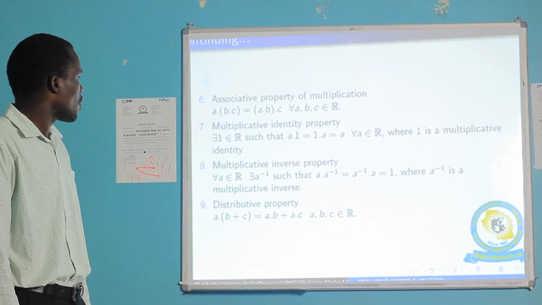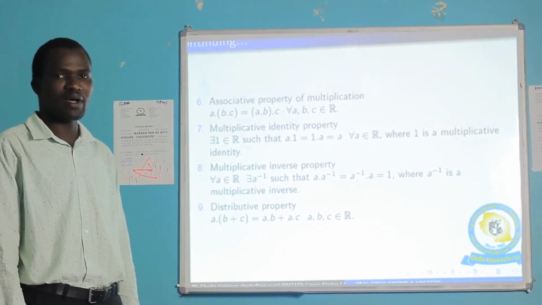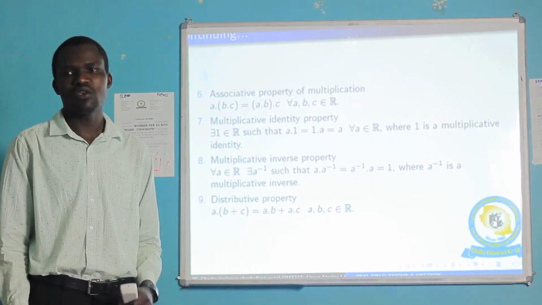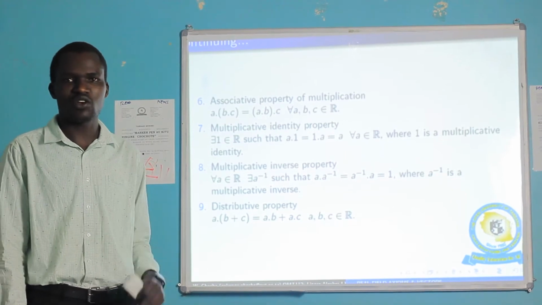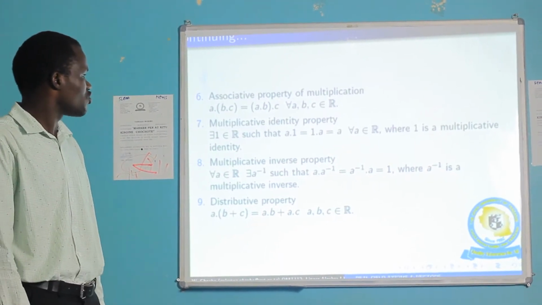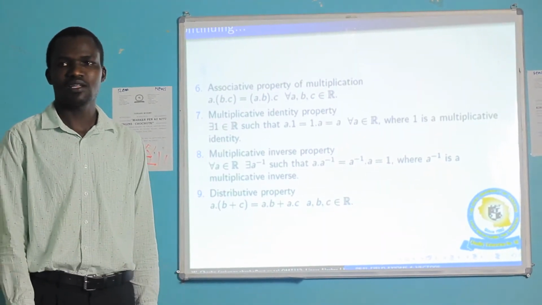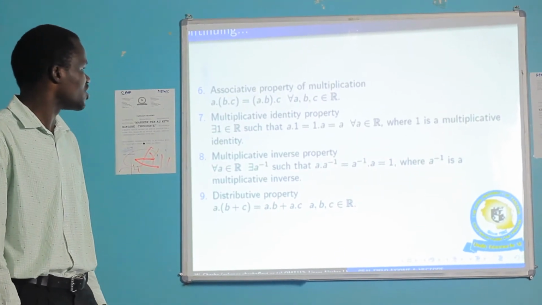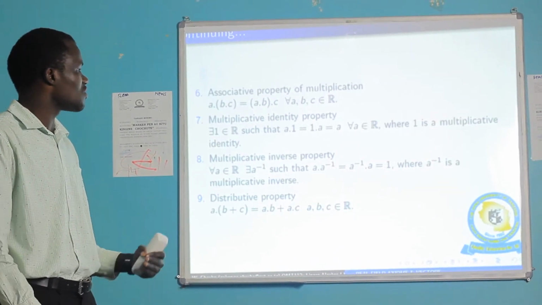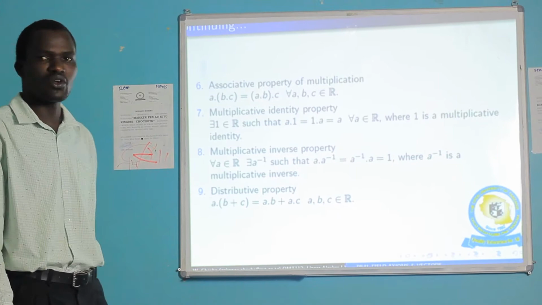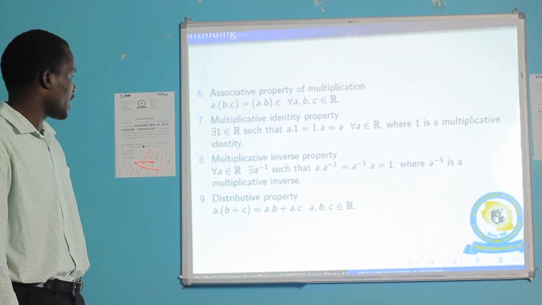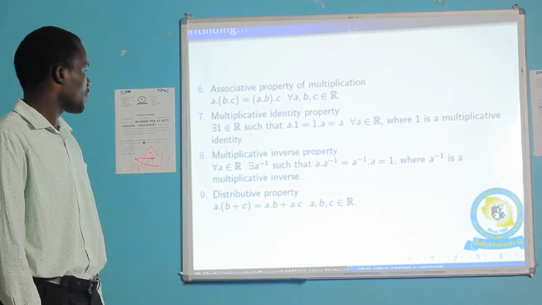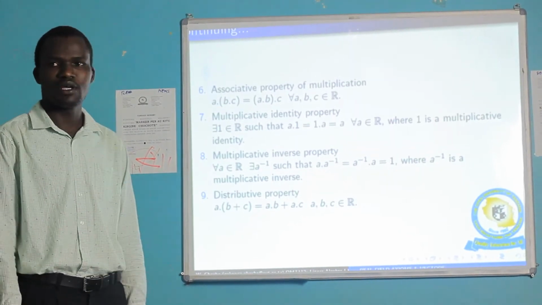Also, we have the multiplicative identity property. The number that, if you multiply it by every real number, you get that real number, is 1. 1 is the multiplicative identity. So if you take 1 times every real number, you get that real number. Property number 8 is called the multiplicative inverse property.